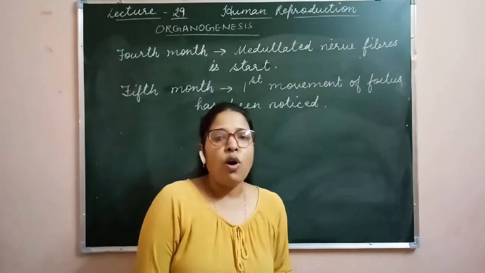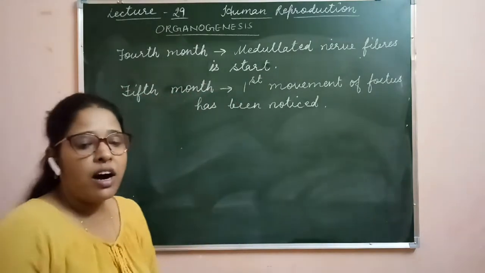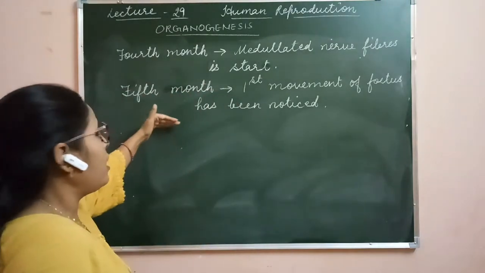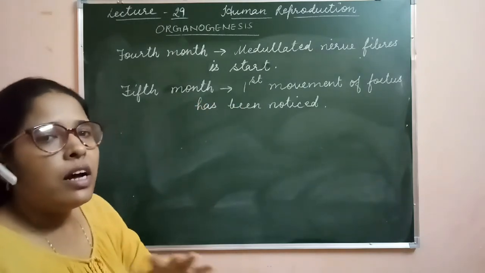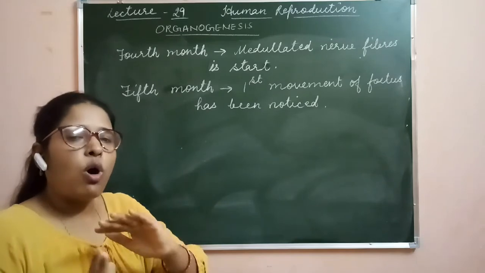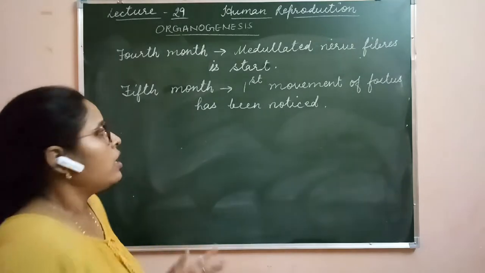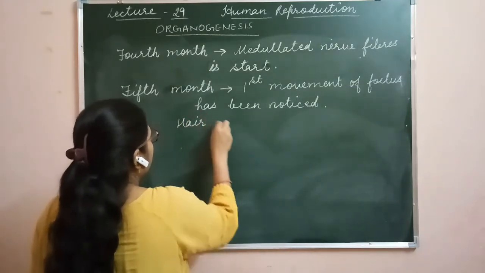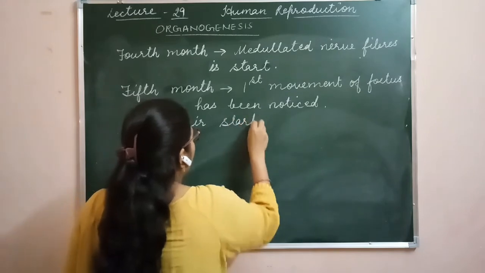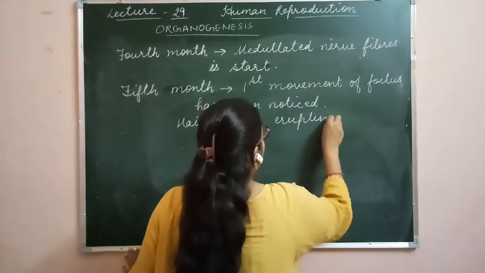At the end of the sixth month, fine hairs are developed. Clear? At the end of the fifth month the hairs start developing, but at the end of the sixth month the complete body is covered with fine hairs. Here also hair starts erupting. Clear?